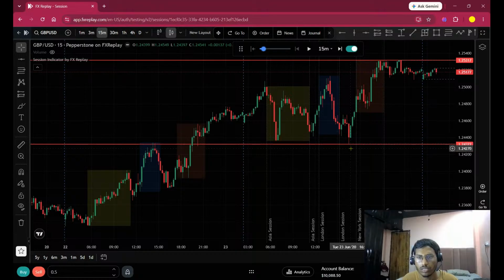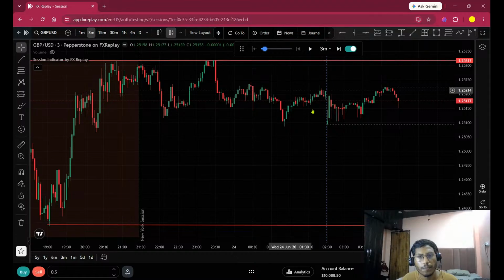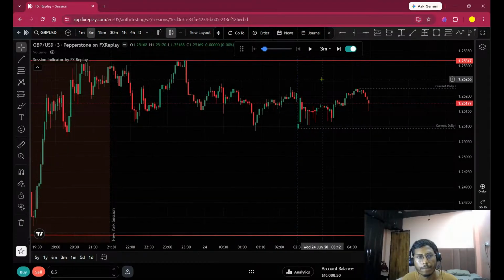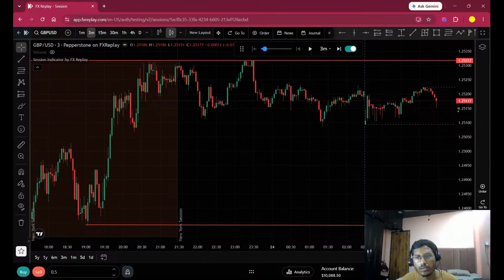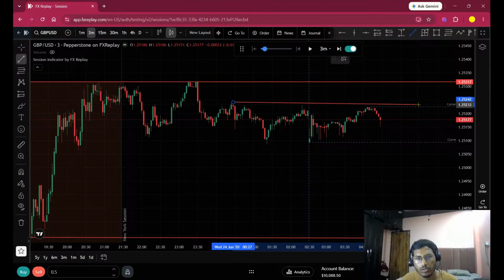This is the swing low, swing high, and this is also a small swing low. And this is also one swing low.